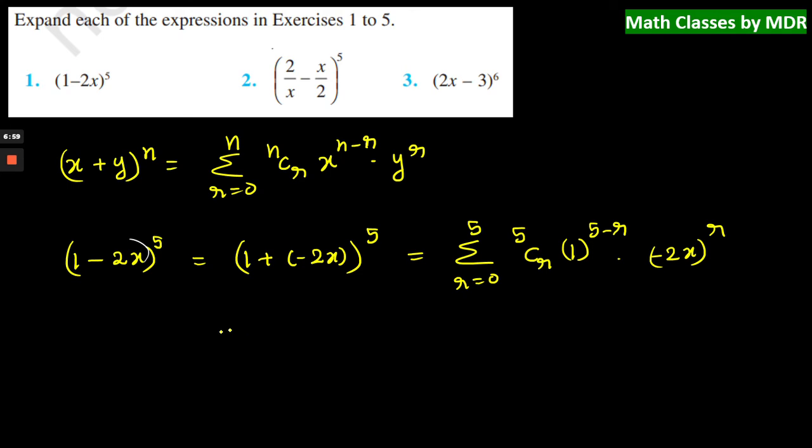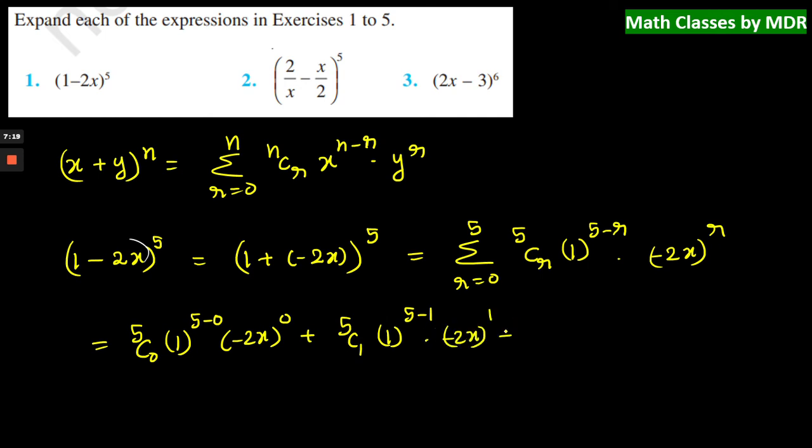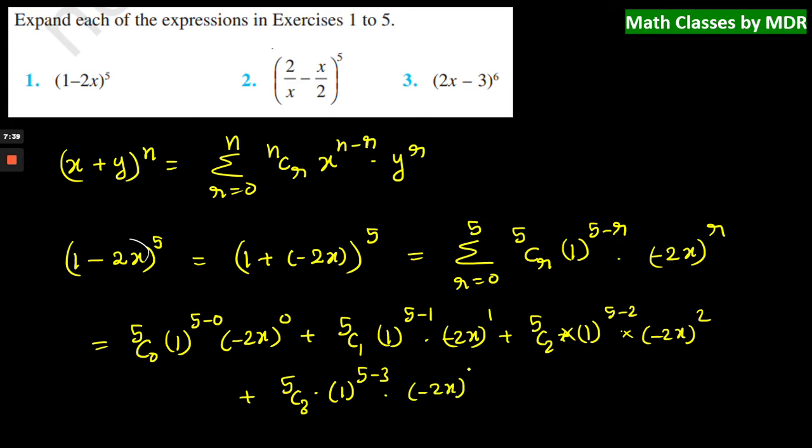When you substitute r is equal to 0, it will be 5C0 1 power 5 minus 0 into minus 2x power 0, plus 5C1 1 to the power 5 minus 1 into minus 2x to the power 1, plus 5C2 1 to the power 5 minus 2 into minus 2x whole square, plus 5C3 into 1 to the power 5 minus 3 into minus 2x whole cube.